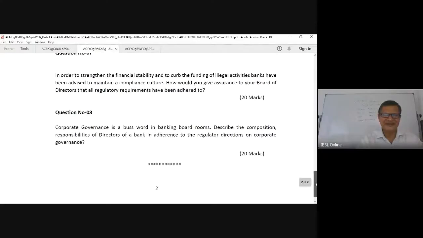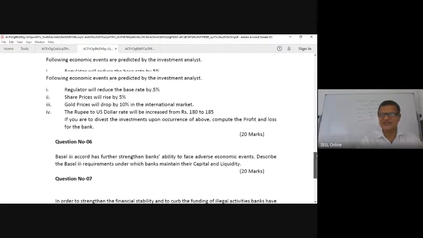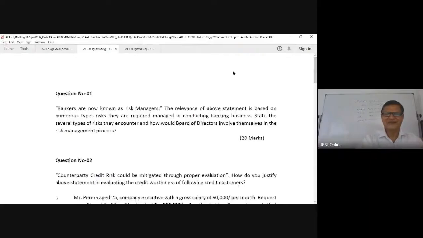And the last one was corporate governance. So it follows a similar pattern to what we have discussed. I would like you to read these questions carefully and come, and based on that, we could develop a good understanding of what's going to happen in 2020.